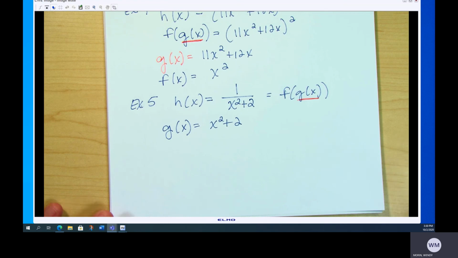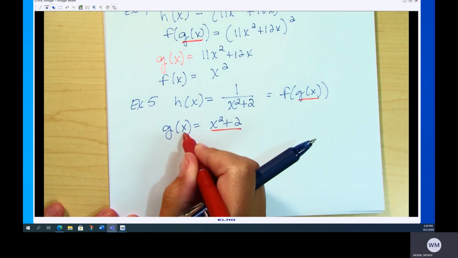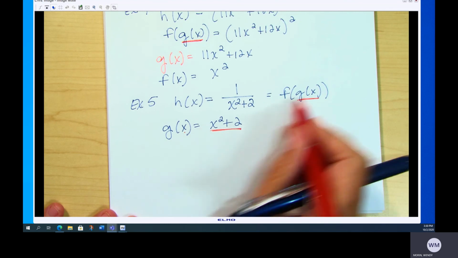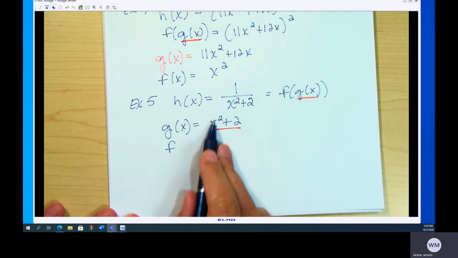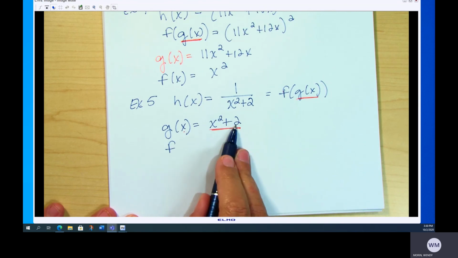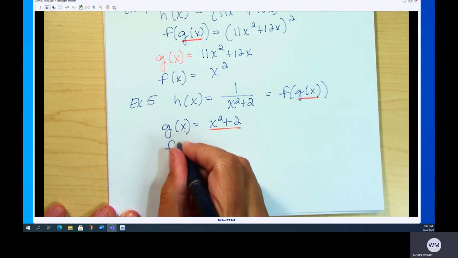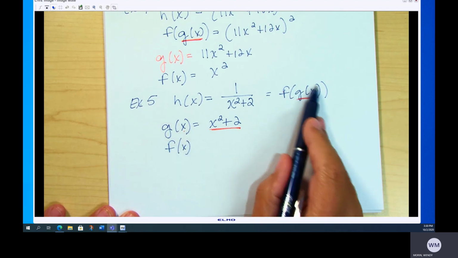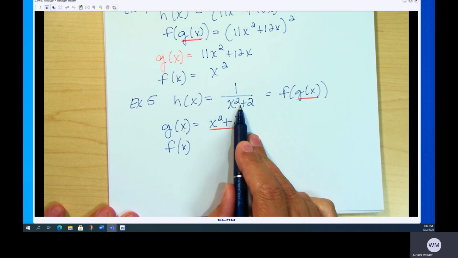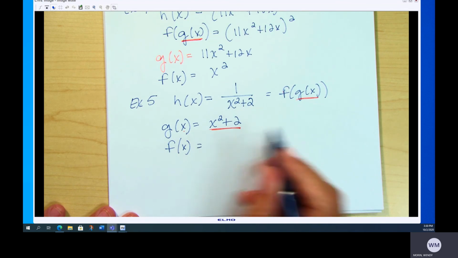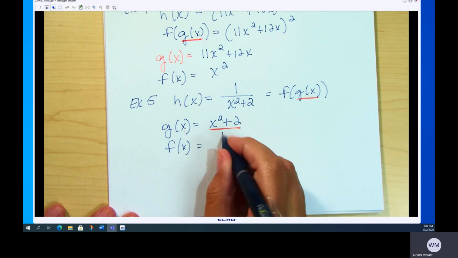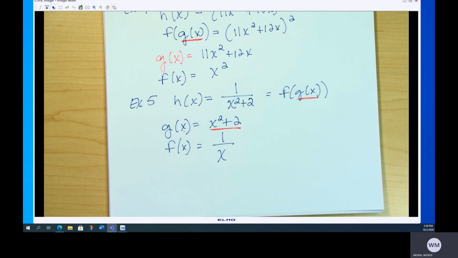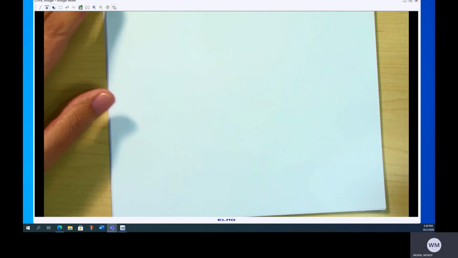That means that I replaced x squared plus 2 for every x in my f function. So if I replaced my x with this, what was the original function? What was f of x? This is your substitution into the original. This is the composition. I substituted x squared plus 2 into 1 over x. Okay? Decomposing.